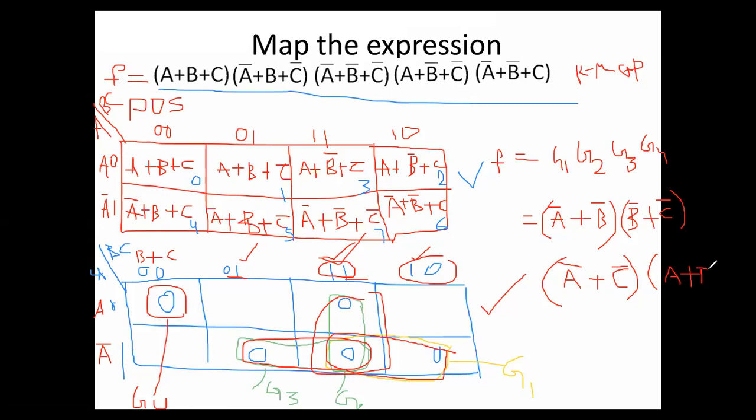Okay? So in this way, we simplify the expression. Actually, this is the given POS expression. By simplifying using the K-map, we get this result. Do you understand how to get the result here?